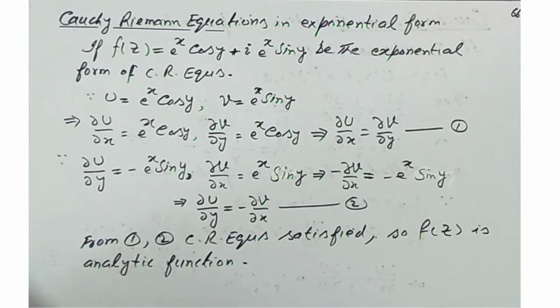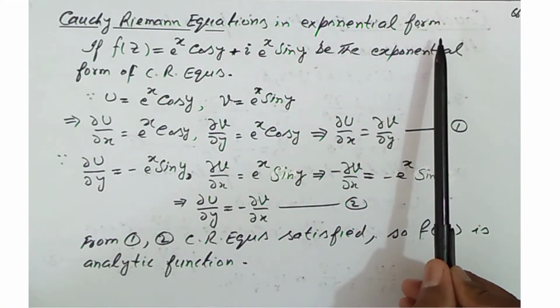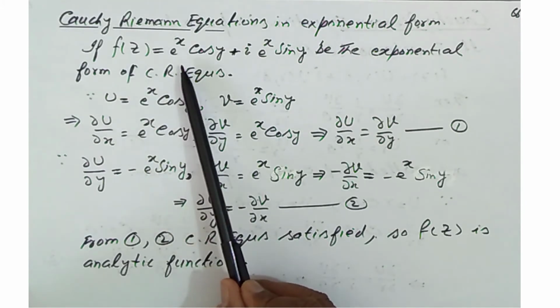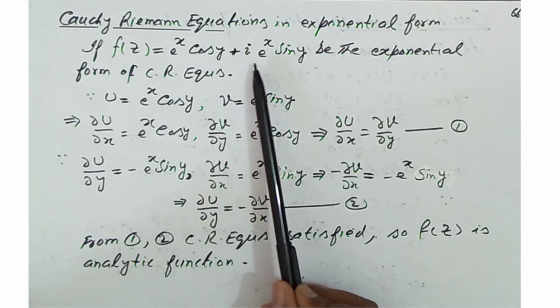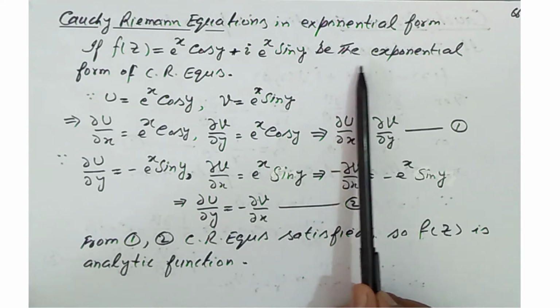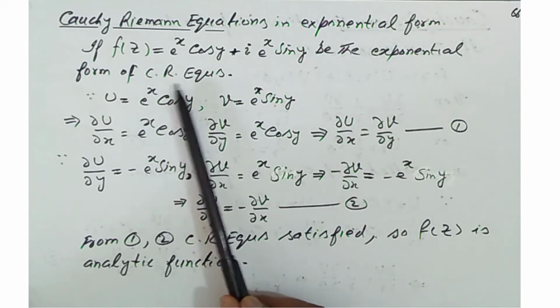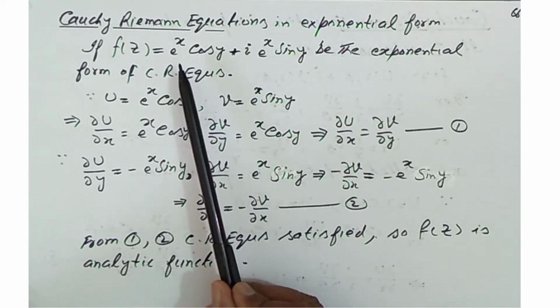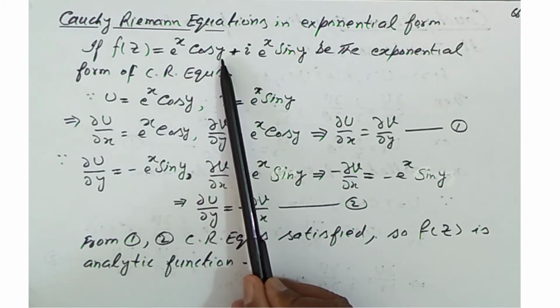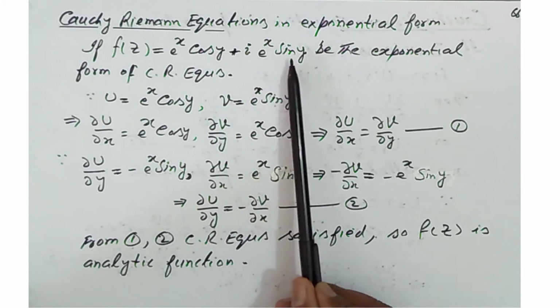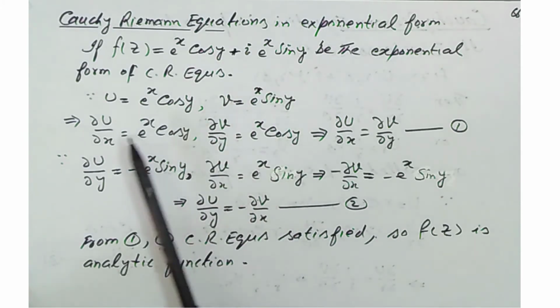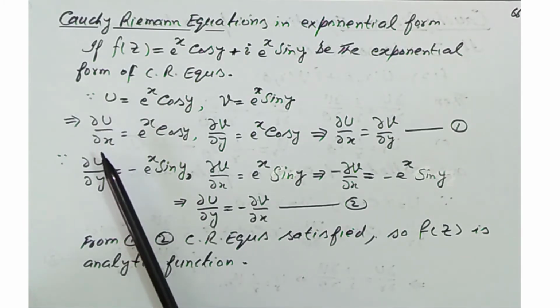Another form is Cauchy-Riemann equations in exponential form. If f of z equal to e to the x cos y plus i e to the x sin y, this is the exponential form of Cauchy-Riemann equations. Here the value of u is e^x cos y and v is e^x sin y. We partially differentiate u with respect to x.